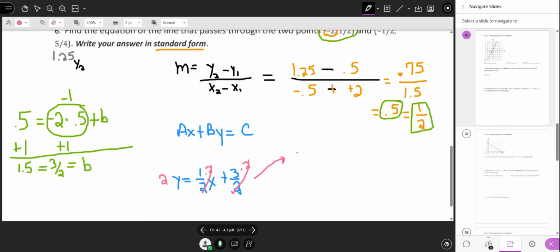That gives me 2 y's equal 1x, or just x, plus 3. Now, I gotta have x and y together. So the last thing I gotta do is minus x to both sides. Negative x plus 2y equals 3.